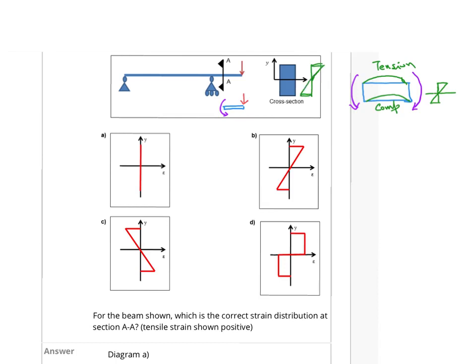So this is not right. Similarly, this is also not right. So either these two. Now it says the tensile strain is shown as positive. So the top part is tension. So this is right, and the bottom bit is compression. So this is the correct answer.